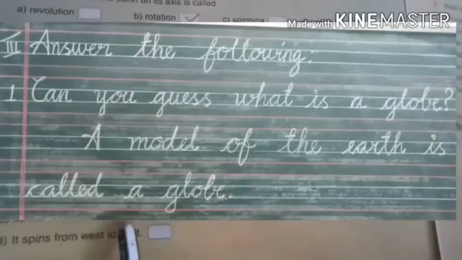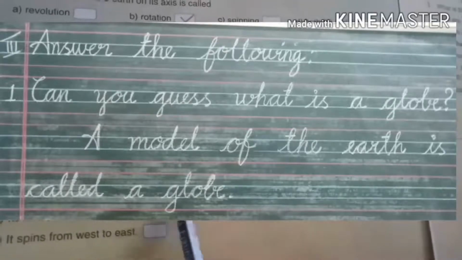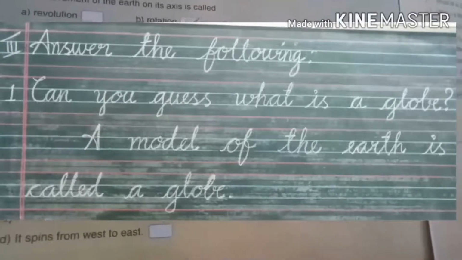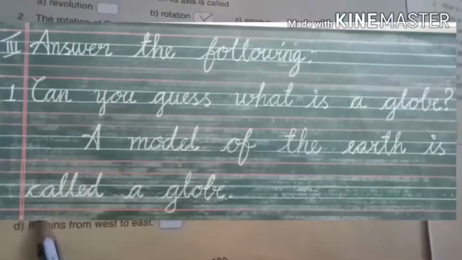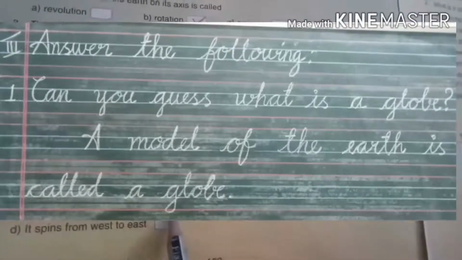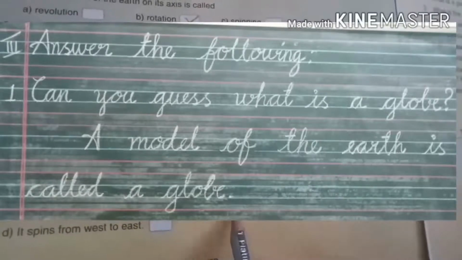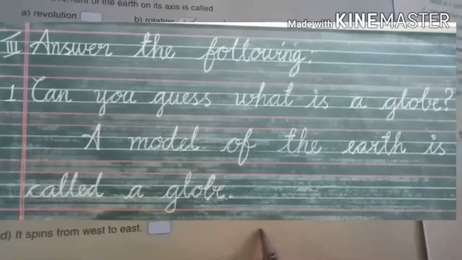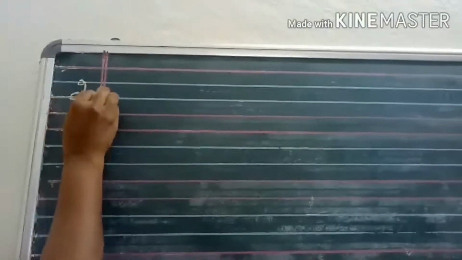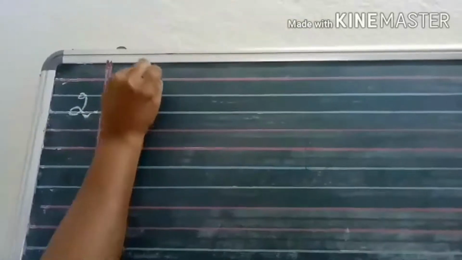So let me read the 4 options. Option A, it takes 24 hours to complete one rotation. Option B, it takes 365 days and 6 hours to complete one revolution. Option C, its movement around the sun in a fixed orbit is called rotation. And option D, it spins from west to east.